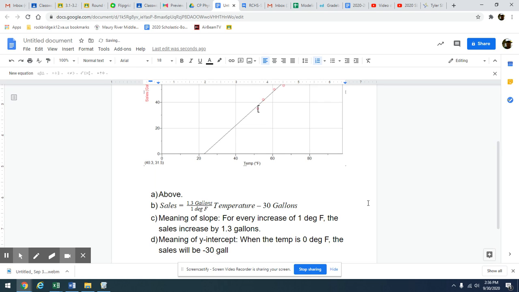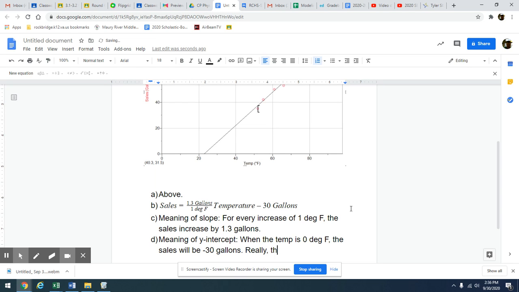Well, it can't do that. You can't sell negative 30 gallons. So that's literally what the y-intercept means, and I would be fine if you just said that. But here, this probably deserves another layer of interpretation.